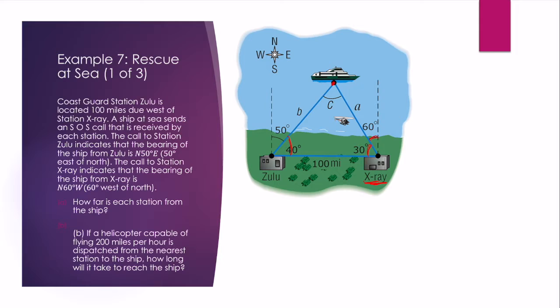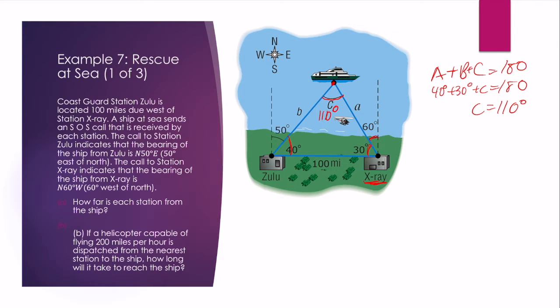What I want to know is how far each station is from the ship. So I'm going to figure out what this angle is here. I know that A plus B plus C equals 180 degrees. So if I've got 40 degrees plus 30 degrees plus C, I get that C is 110 degrees.